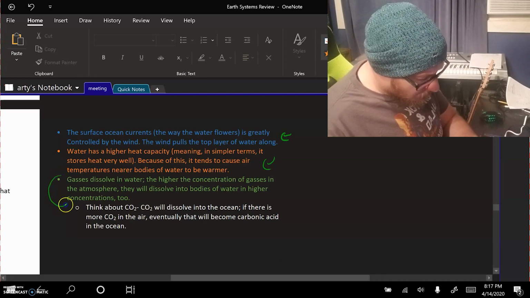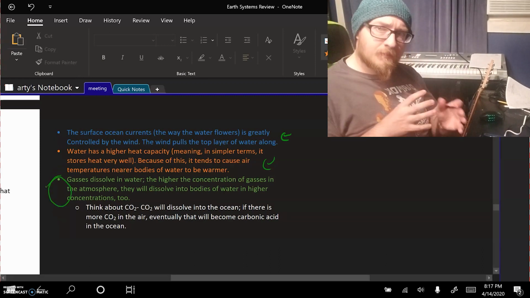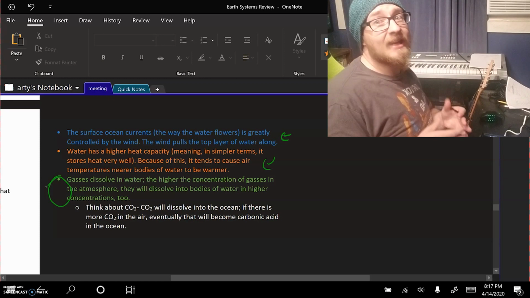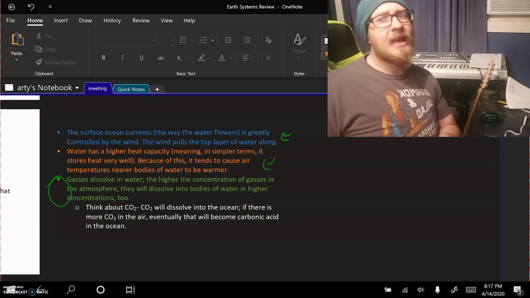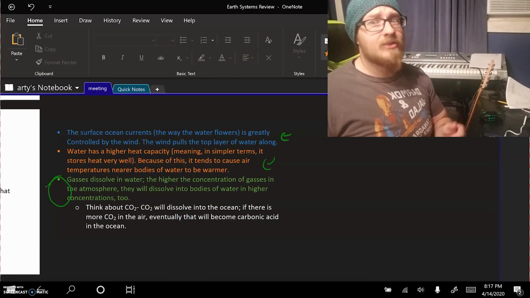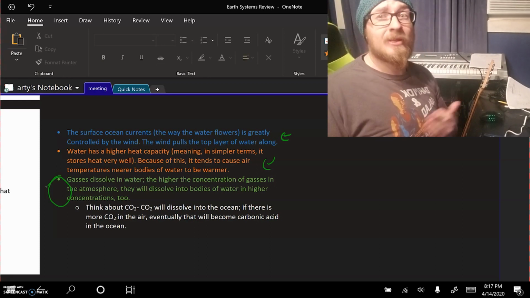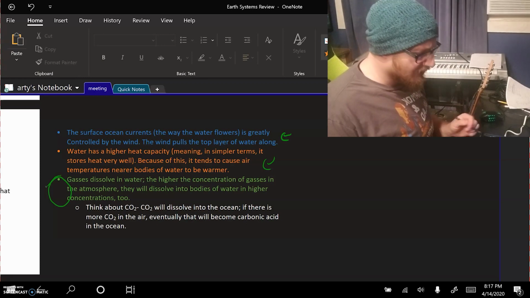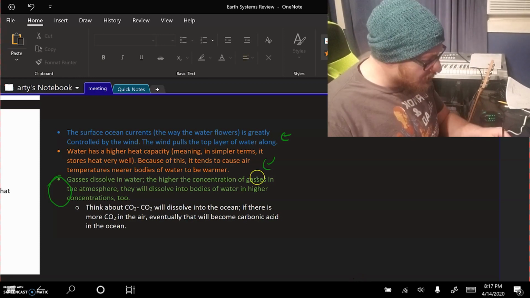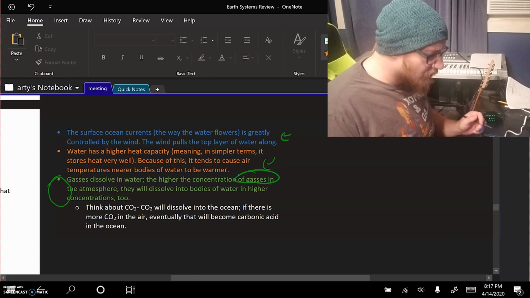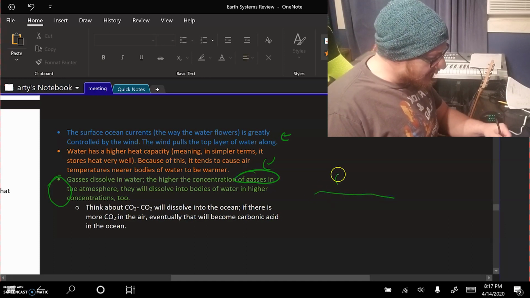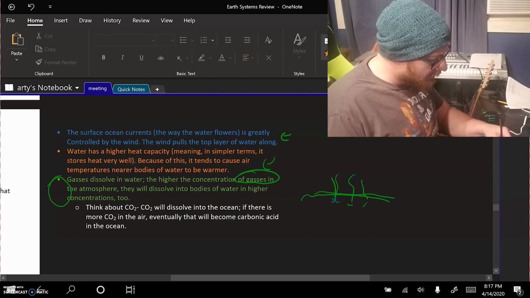And then the important one, the true relationship between the ocean and the atmosphere, is that gases dissolve in water. Gases can dissolve in water, like dissolved oxygen and dissolved carbon dioxide, but that carbon dioxide can later react with the water and form carbonic acid. So if those gases are in the atmosphere, they will dissolve directly into a body of water.